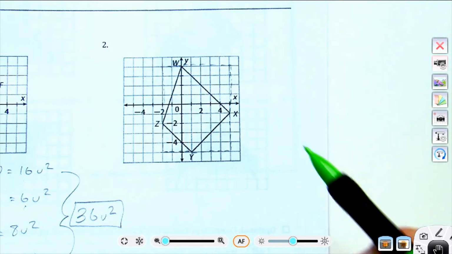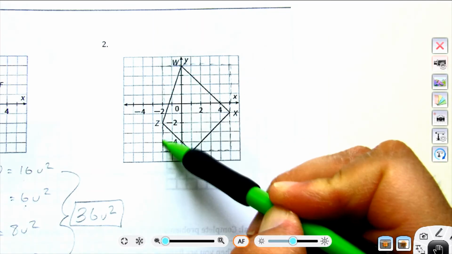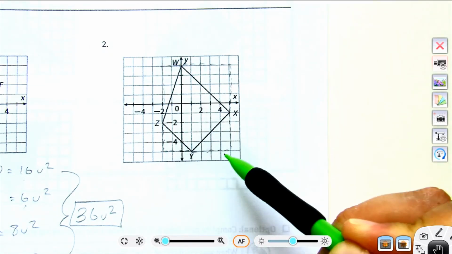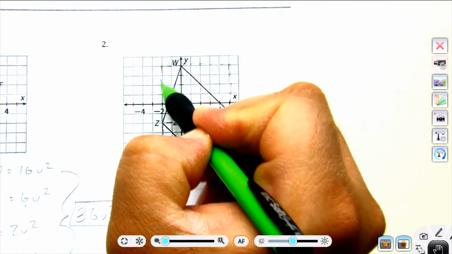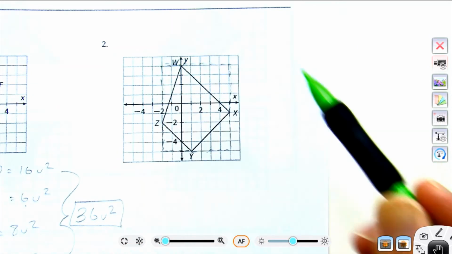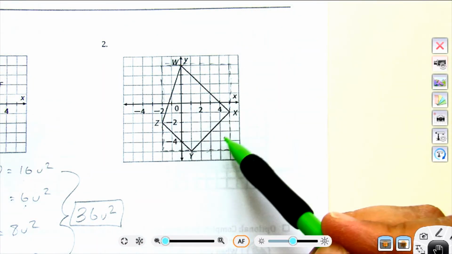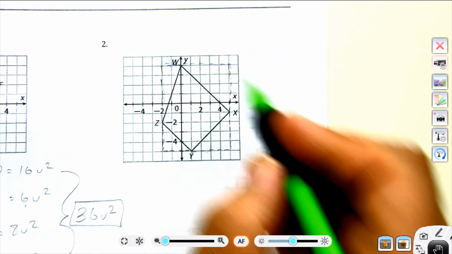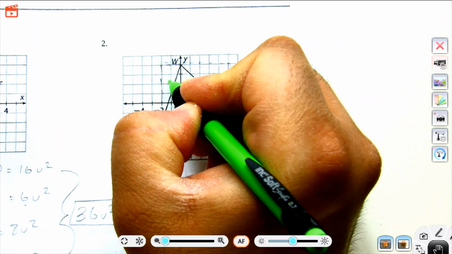So this is my rectangle. Here and here. It's kind of hard to see this one here. So I have a rectangle around this figure, and then I have 4 triangles that were created. I have triangle A, triangle B, triangle C, and triangle D.